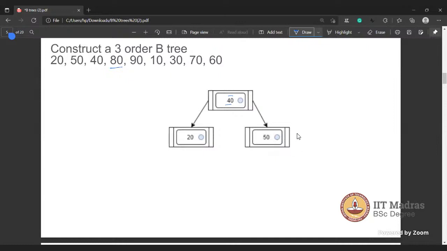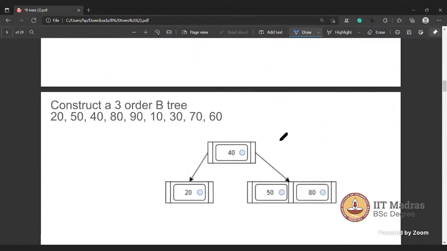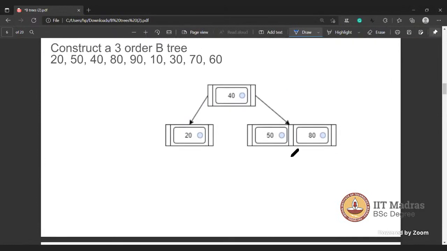So it should be inserted in this position, next to the record pointers. So we get this.